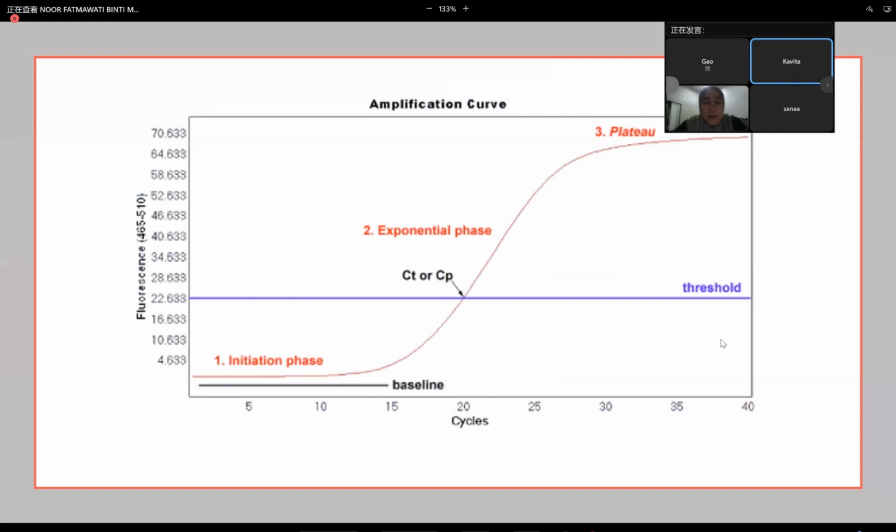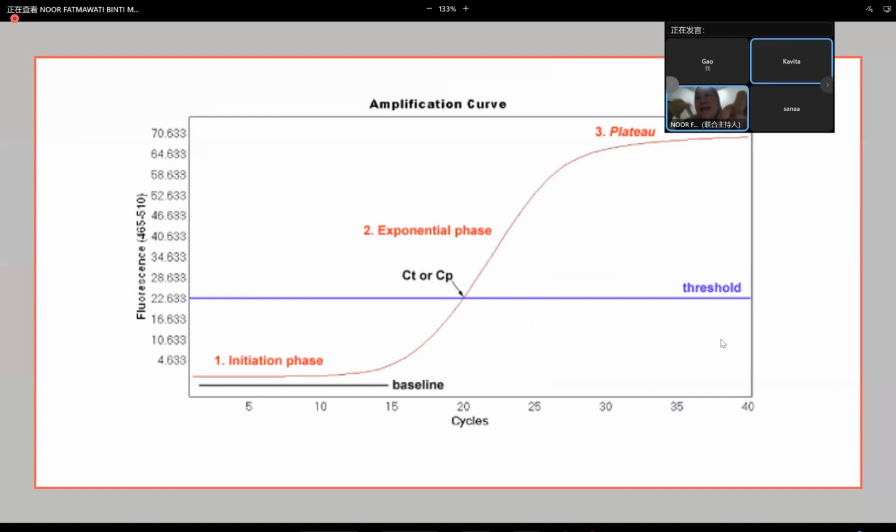Doctor, the CT or CP, is it CP or CQ? So the classic name, not long time ago, is cycle threshold. CP here, the point of meeting between threshold and your amplification plot.